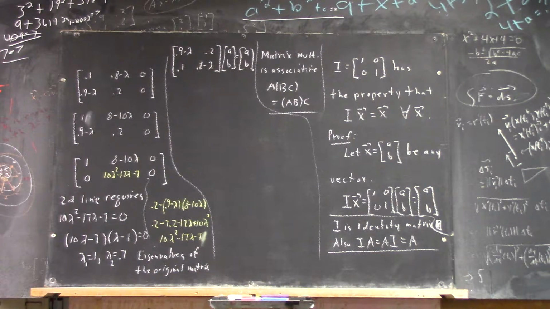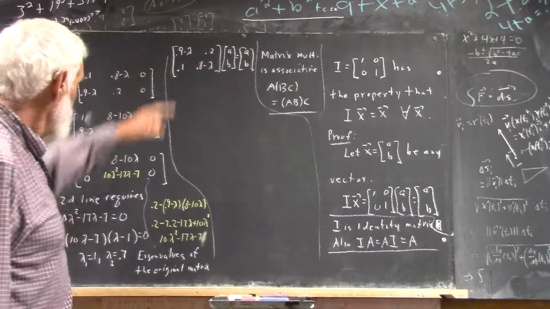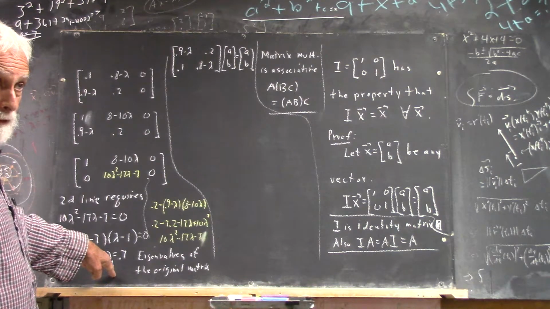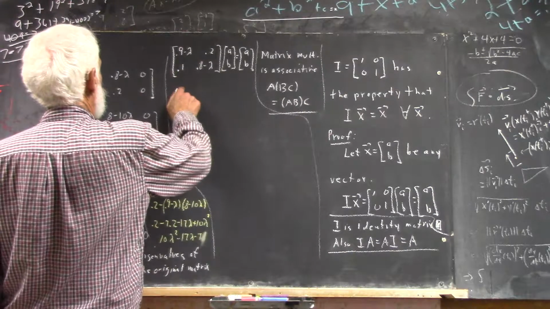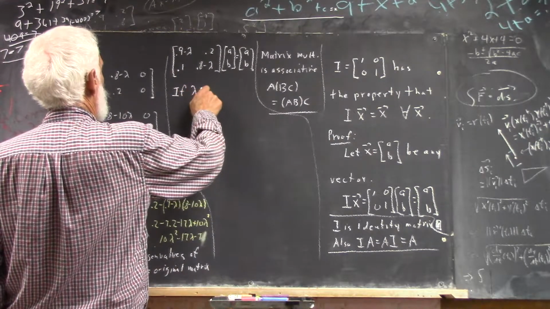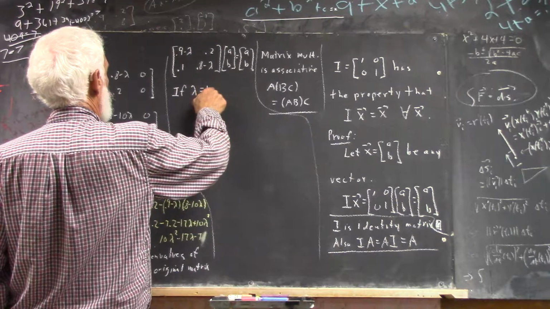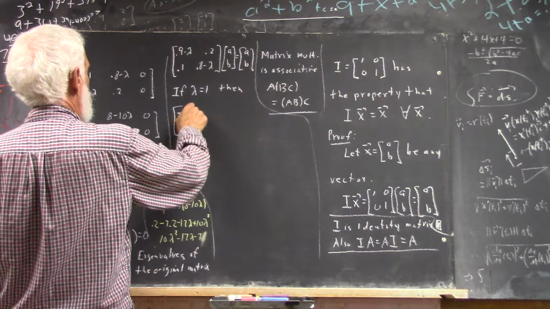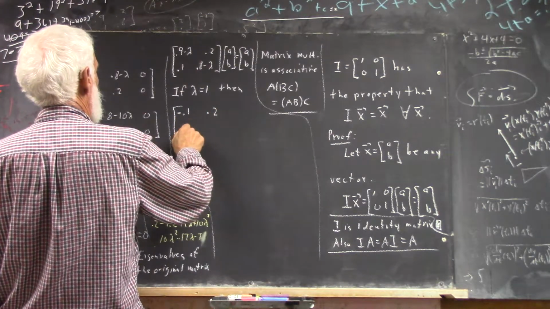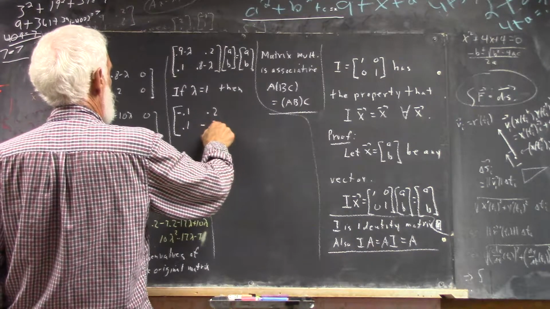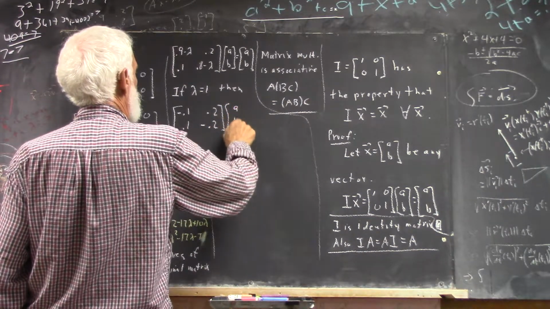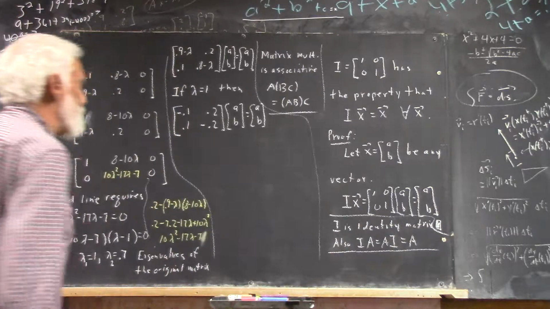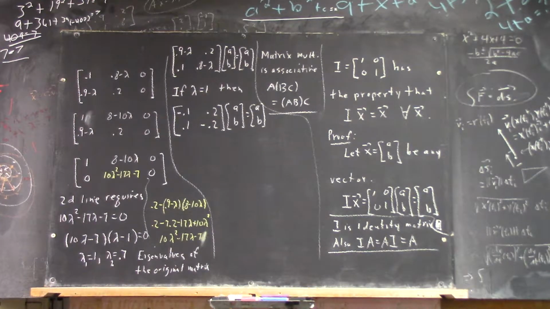That's where we started. And we found that that can be true if lambda is 1 or if lambda is 0.7. Okay? And I said equals AB.